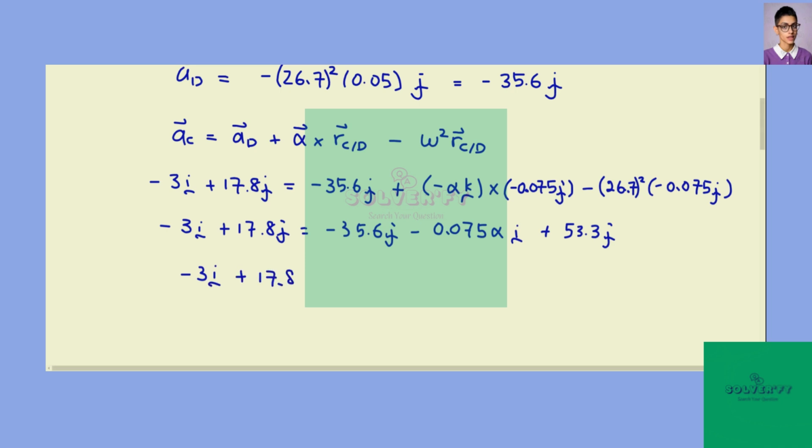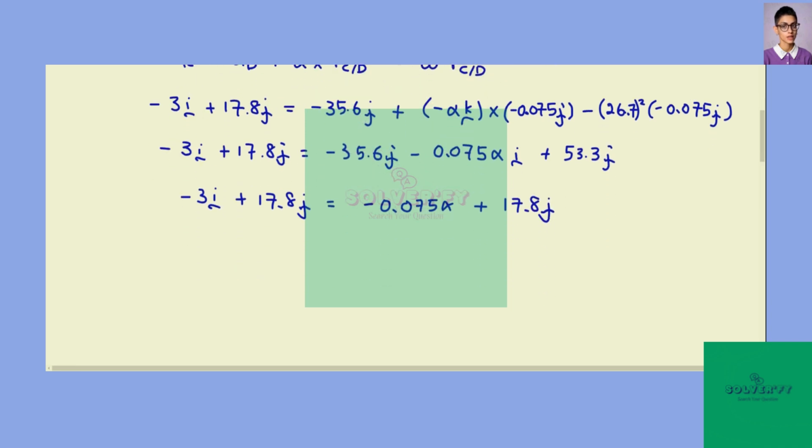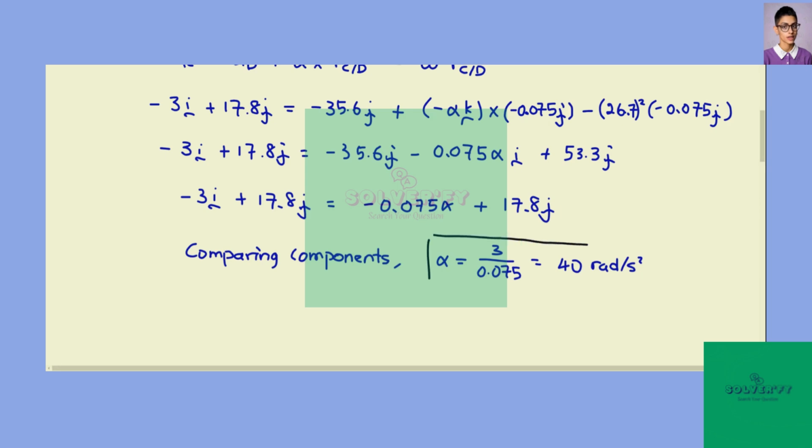The j component actually cancels out, leaving 17.8j. So comparing components, we obtain the angular acceleration to be 3 divided by 0.075, which is equal to 40 radians per second squared. So this is the angular acceleration of the pulley.